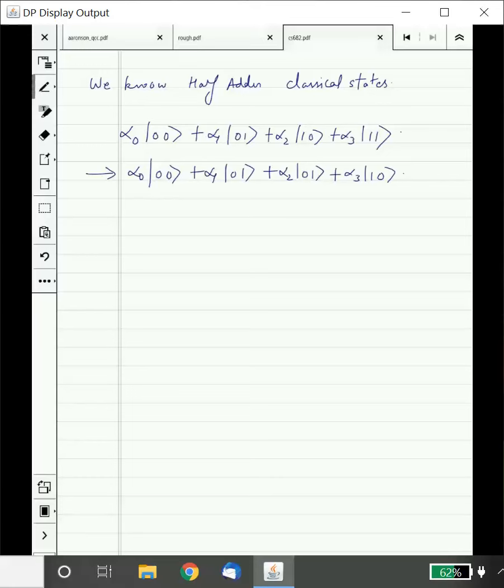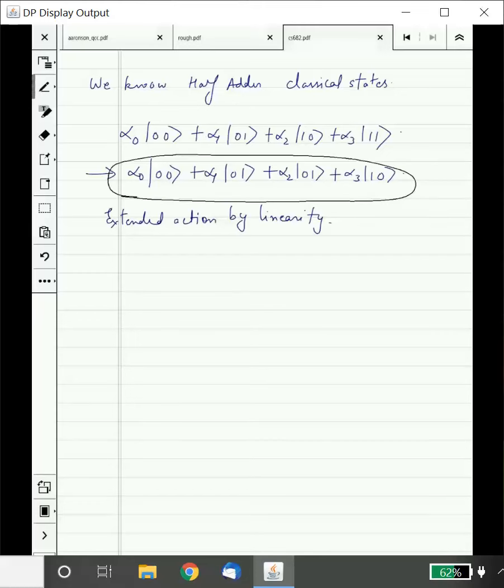This will be the action because I have just extended action by linearity. Final output of my half adder.